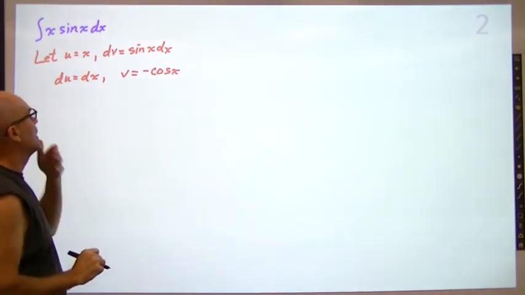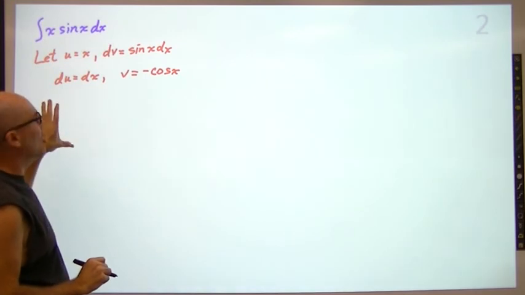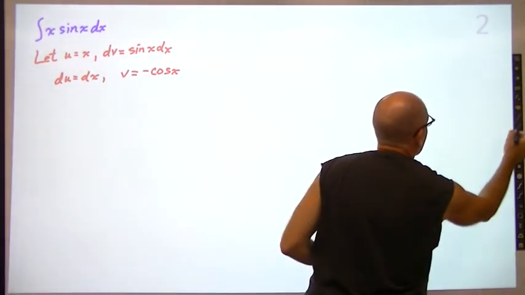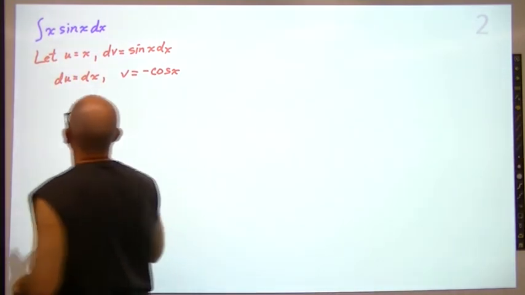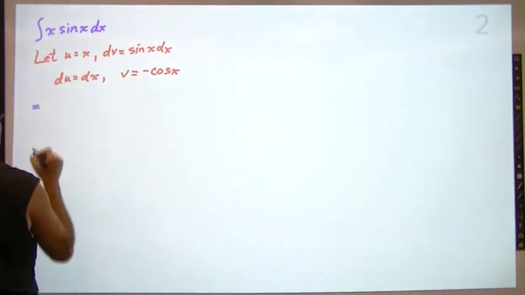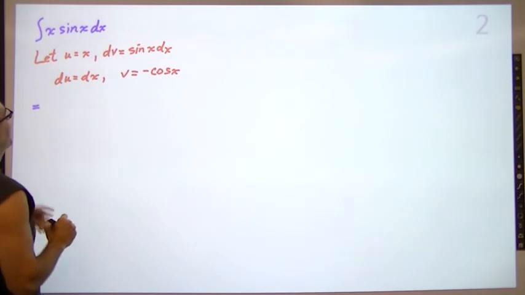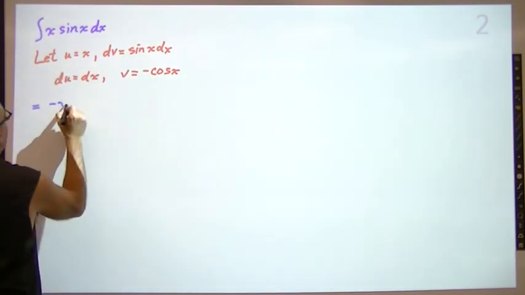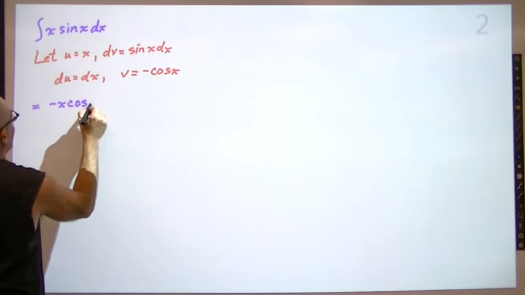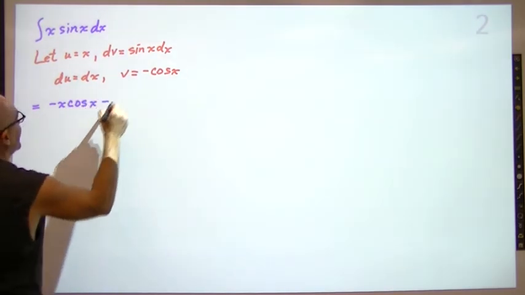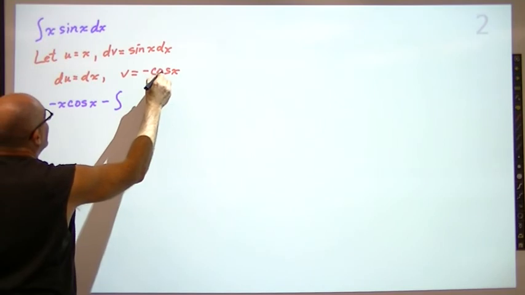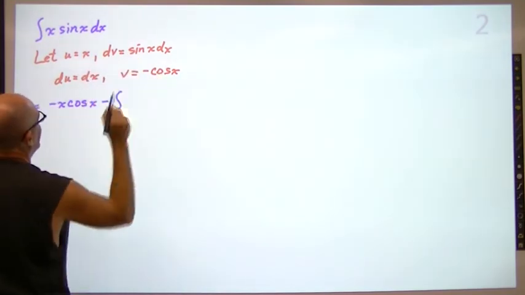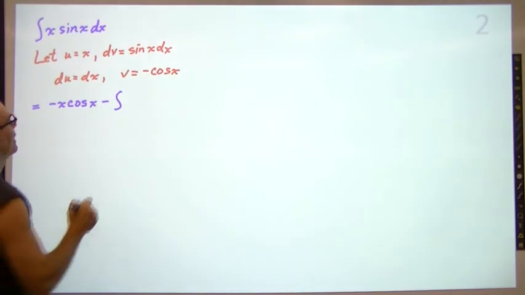Okay, so now we can plug in our integration by parts. So this equals uv, which is going to be negative x cosine x, minus the integral of v du.